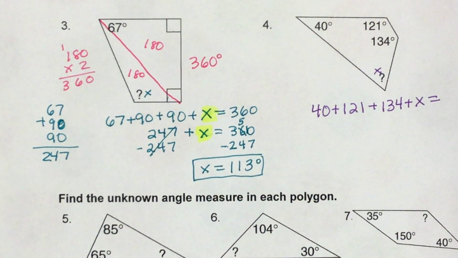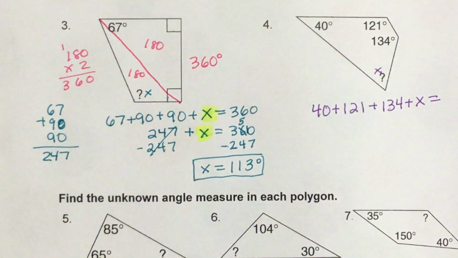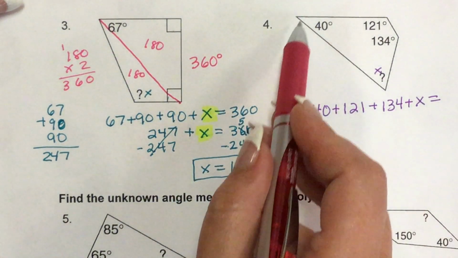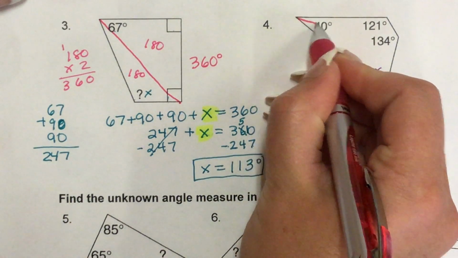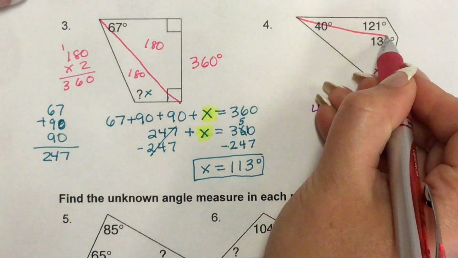In order to do that, I need to divide this into triangles again. So this is a 1, 2, 3, 4-sided figure. I'm going to divide this into triangles, see how many triangles I can fit in there.